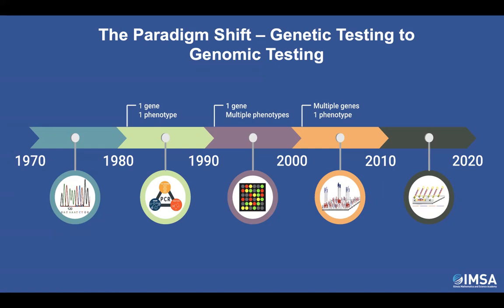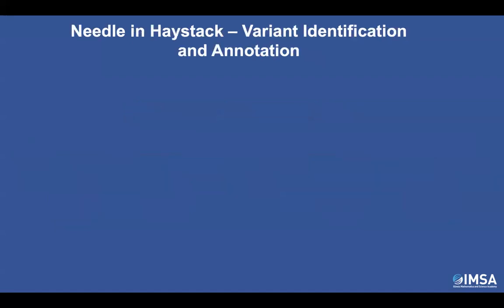And while single gene genetic testing has primarily been used for risk prediction, disease diagnosis, and assessing carrier status, genomic analysis is enabling additional functions such as disease prognosis and therapeutic decision-making.